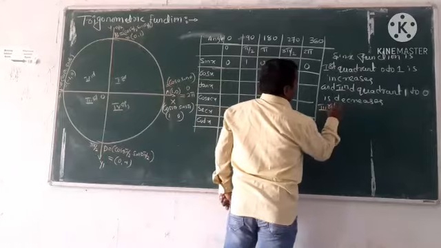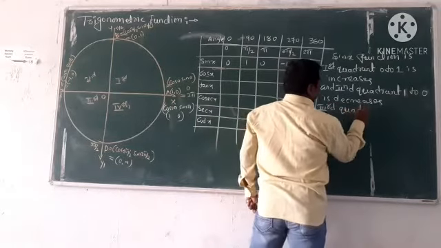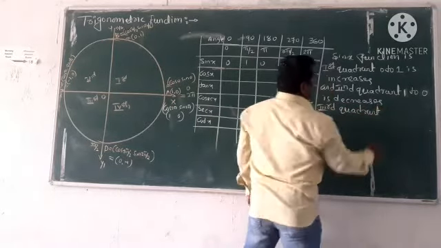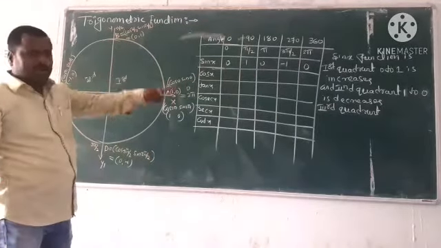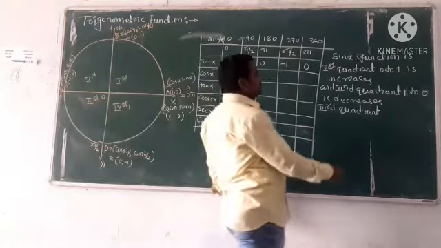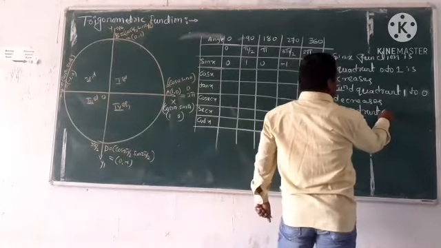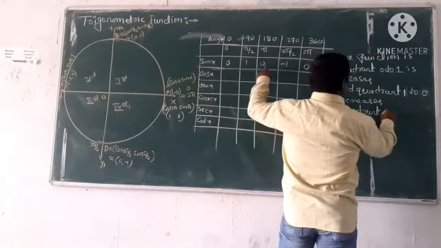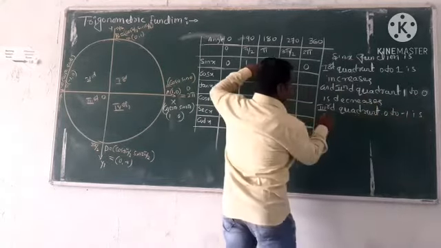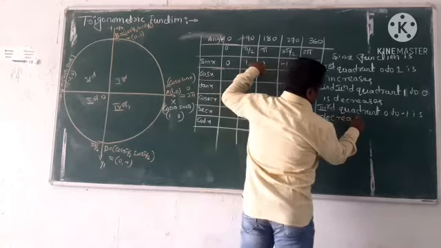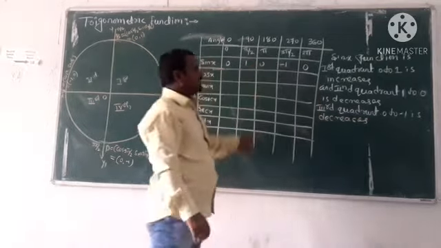Third quadrant: you can observe 0 to minus 1 is a decrease.